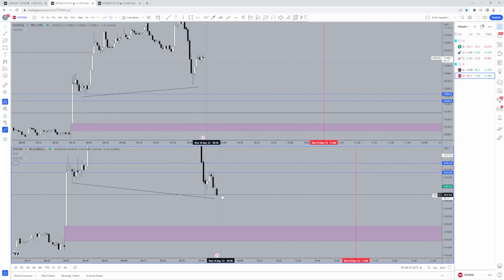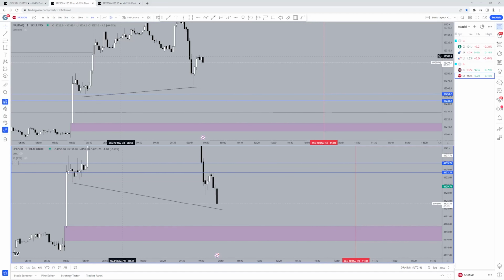Yeah, we penetrate now this breaker block. Divergence is still holding. To be honest, I expect both of those to go down here at some point after 950, probably.